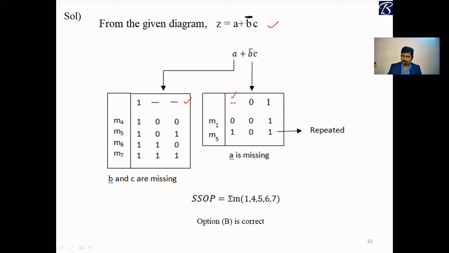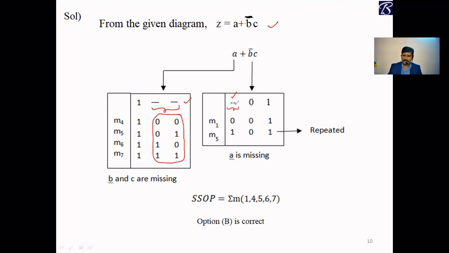0, 1 means this is B bar 0 and C that is 1, because it is SOP form, where 0 indicates complement, 1 indicates uncomplement. Now the second step, for these two hyphens, take all the combinations 0, 0, 0, 1, 1, 0, 1, 1, and this one let it be as it is.